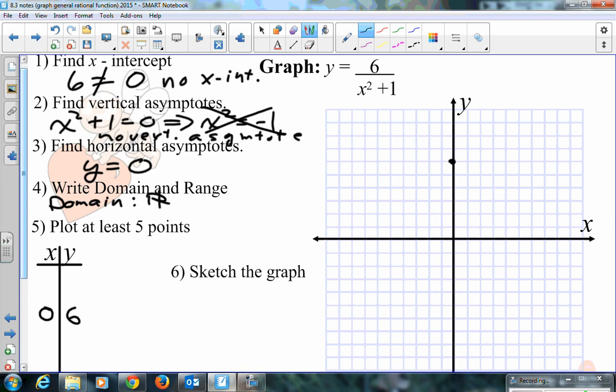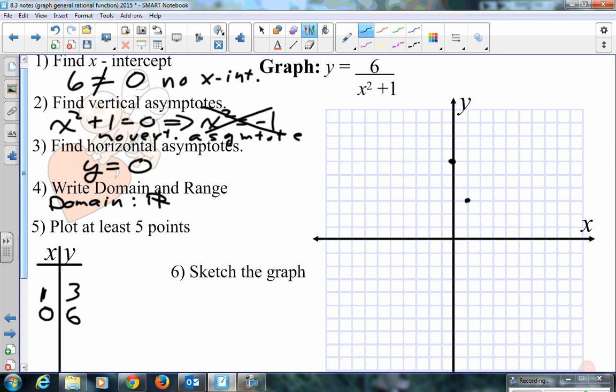Okay? Now, let's move away from that and see what happens. So let's go 1. When x equals 1, I've got 6 over 1 plus 1. 6 over 2 gives me 3. So I have the point 1, 3.